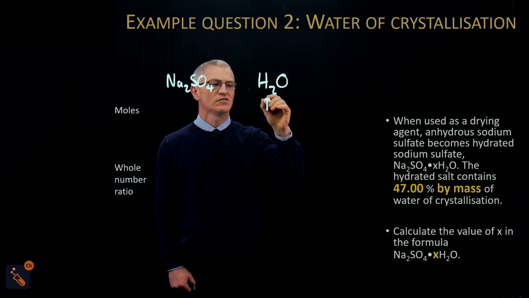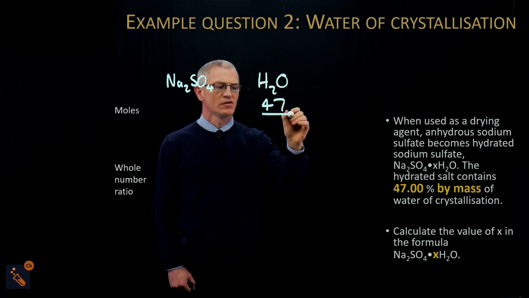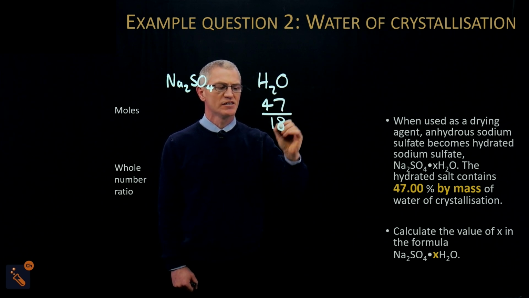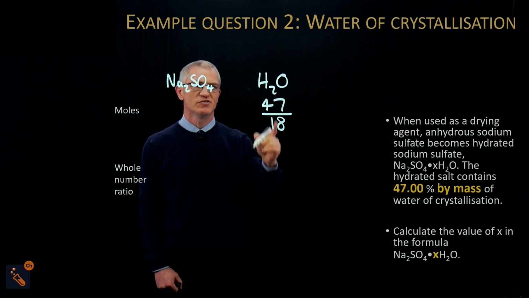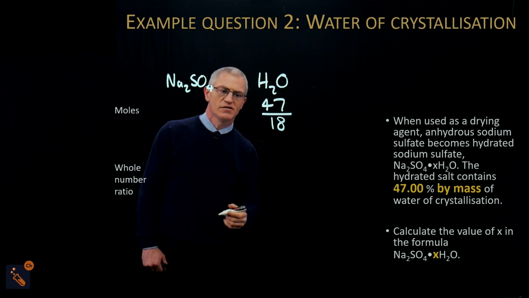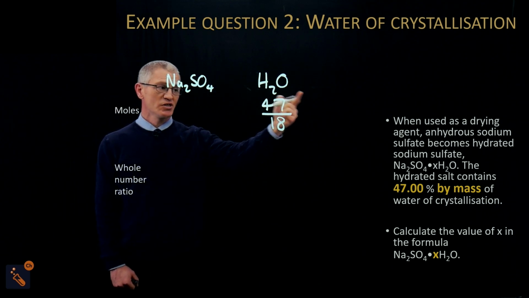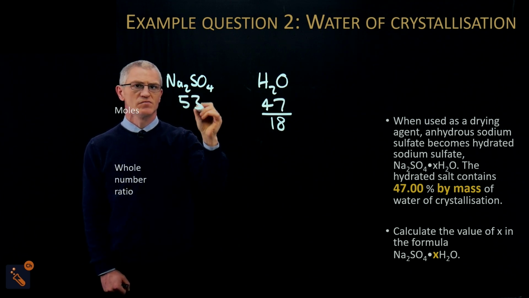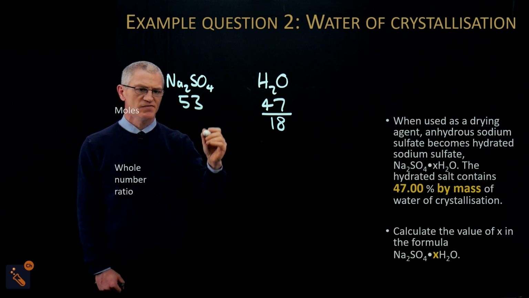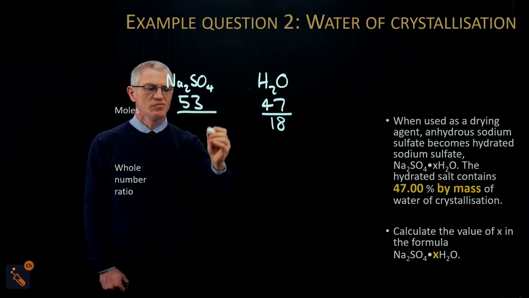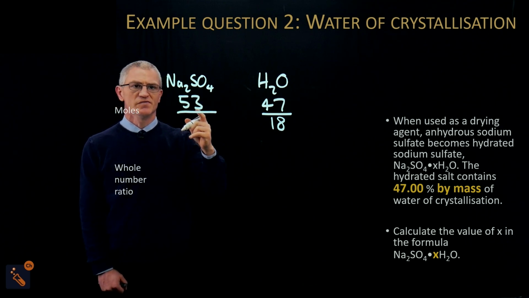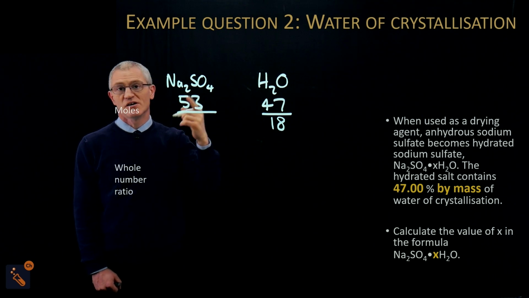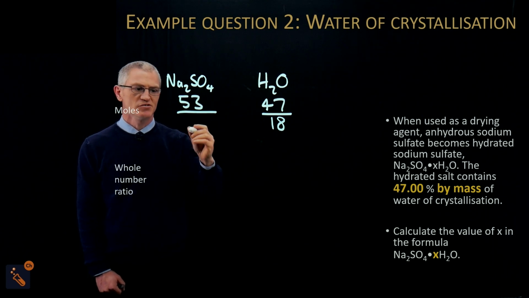We're going to divide that 47 by 18, because that's the molecular mass of water. Then we take the remaining, because this is a percentage, so that's 53, and we divide that 53 by the molecular mass of the sodium sulfate. I'm going to do that quickly for you, but if you want, you can pause the video and work it out yourself.